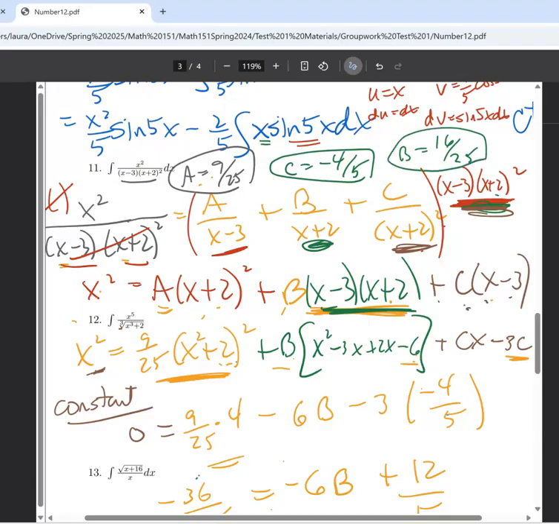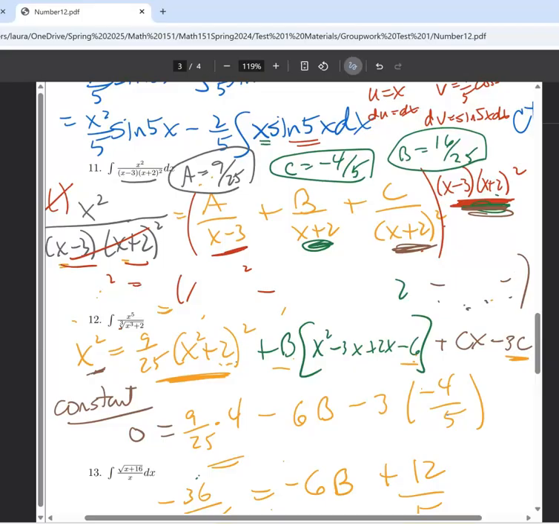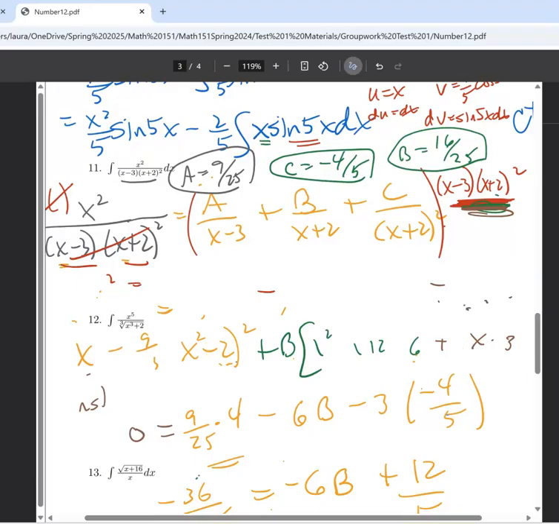So all of those numbers you get to plug back in to here. So remember, you need to have this neatly written so you know where to plug it back into. And we do, so that's good.